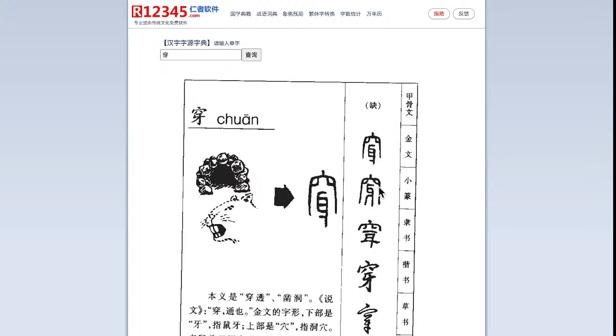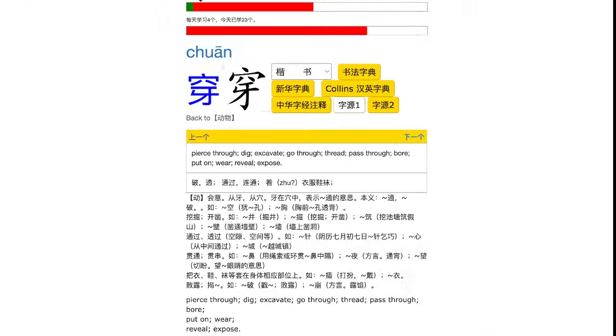So that means rats are pretty good at boring holes. Their teeth are very strong. They just grind everything and make tunnels, right? In the ground. Okay, so this is how this character is built.